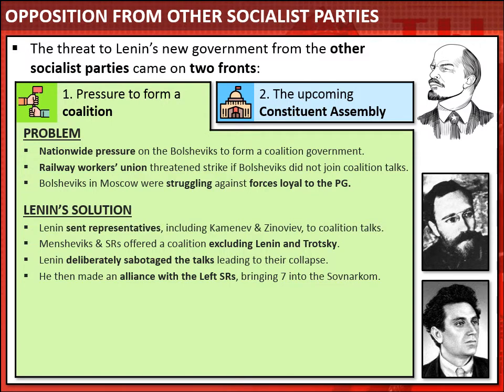He demanded that 75% of the coalition government should be made up of Bolsheviks, and this was a term which the Mensheviks and SRs could never agree to. Secondly, Bolshevik sailors beat up and murdered 2 SR leaders, leading to the SRs withdrawing from coalition discussions. Lenin then made an alliance with the left SRs, the more radical wing of the SR party, bringing 7 of them into the Sovnarkom, and they became junior partners in the new government.